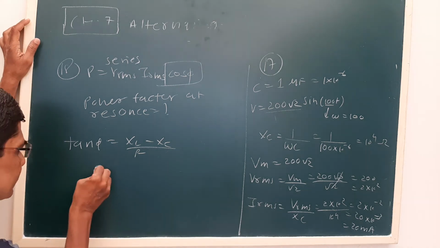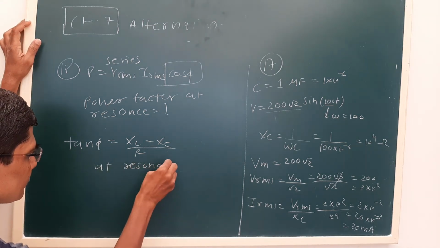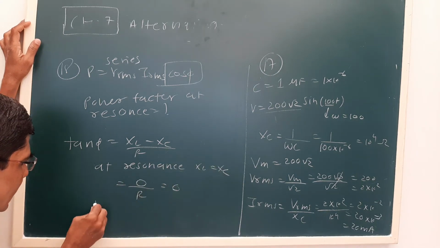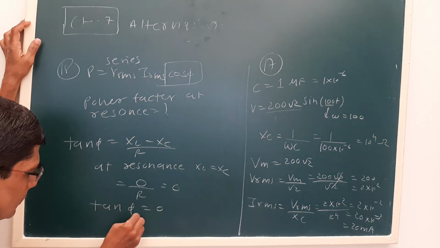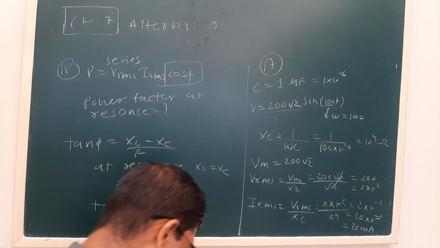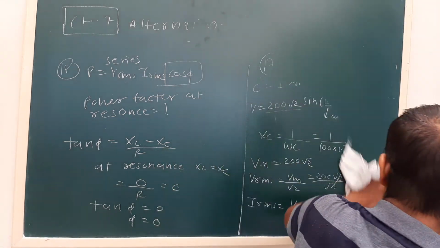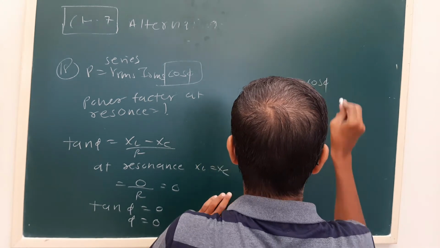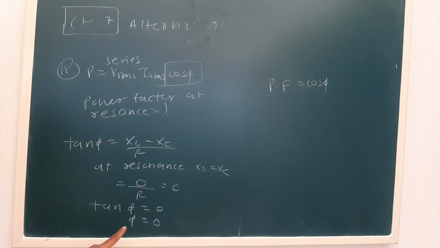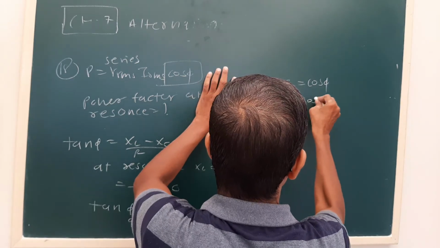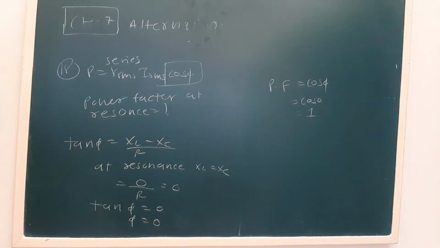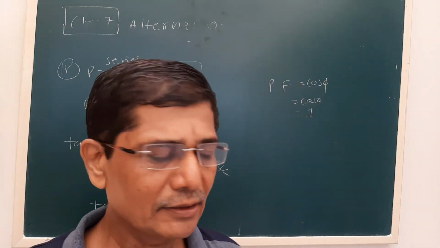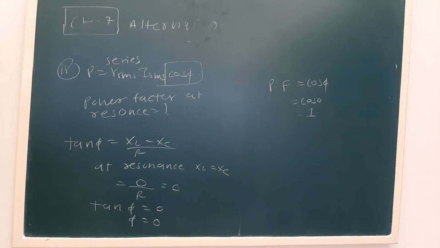Now at resonance, XL is equal to XC, tan phi is 0, phi value is 0. Now see, the power factor is cos phi. Now at resonance, the phase difference is 0. So cos 0, value is 1, or unity. So remember, in LCR series circuit, at resonance, the power factor is 1. Okay, so this is our MCQ number 18.